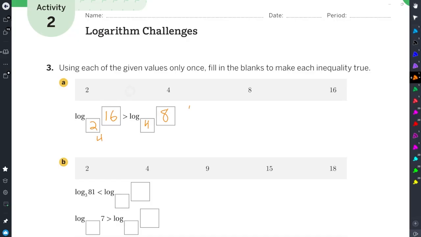Well, again, 4 to the first power is 4, 4 to the second power is 16. So this log right here is between 1 and 2, and 4 is bigger than anything between 1 and 2. So this is a valid statement. Again, it's not the only one.